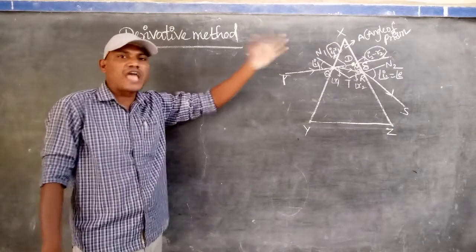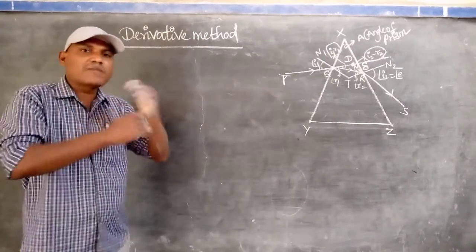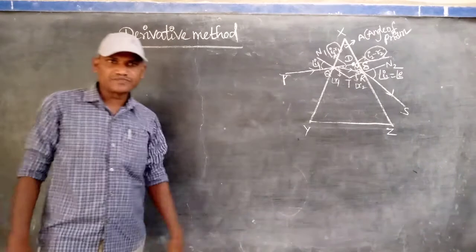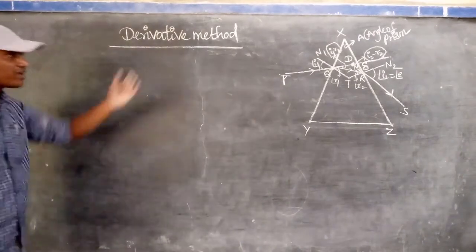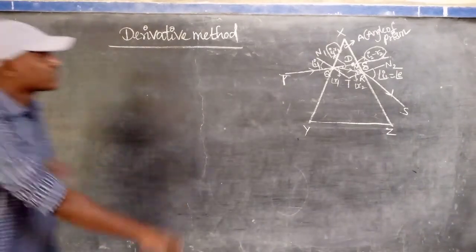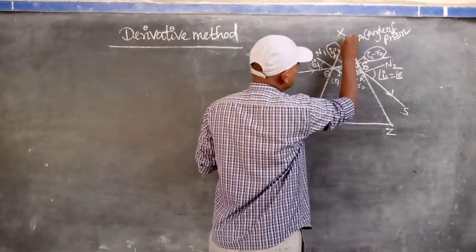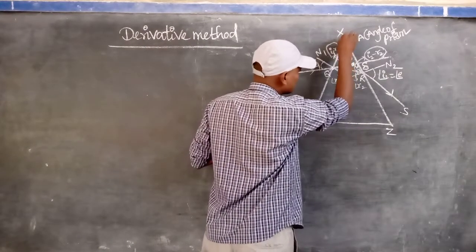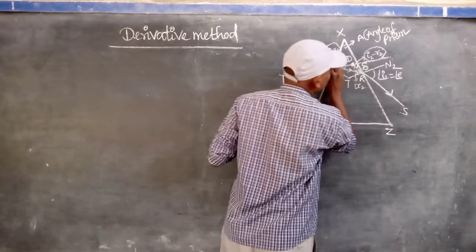This process is the same as the previous experimental method, but now we derive it. Here we observe X to Q, Q to R.